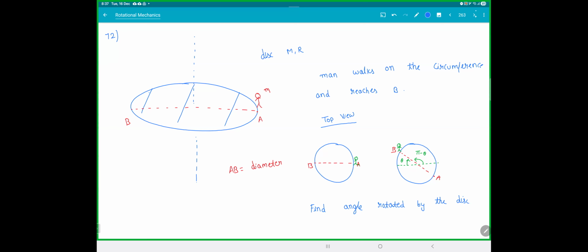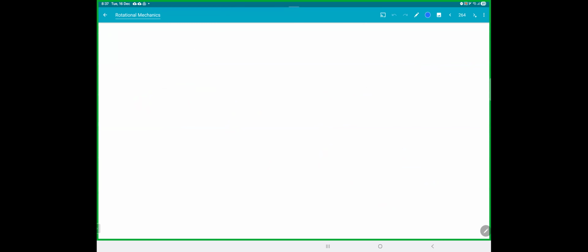now, first thing, since the man is walking on this, the angular momentum about the hinge, the center, is zero because everyone is at rest. So when this person starts walking, what is the angular momentum of the system? Angular momentum of the system is I of the disk omega of the disk, plus I of the man omega of the man.